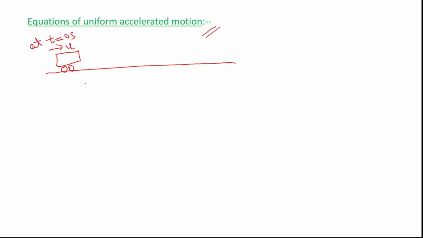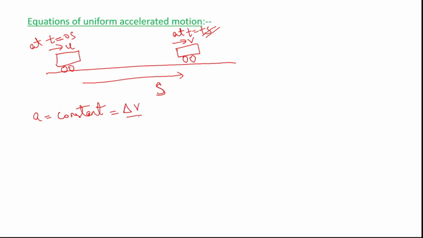Now the car has a displacement of s, and let us say the car is at this point now. At t equal to t seconds, the car has a velocity of v with a displacement of s. Okay, now we are assuming acceleration as constant, that is delta v by delta t is constant in this case.